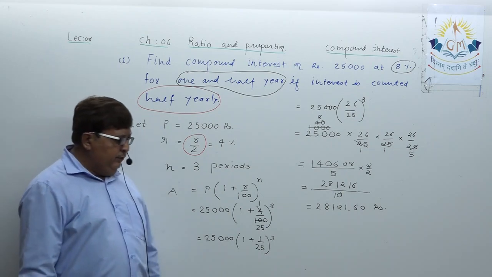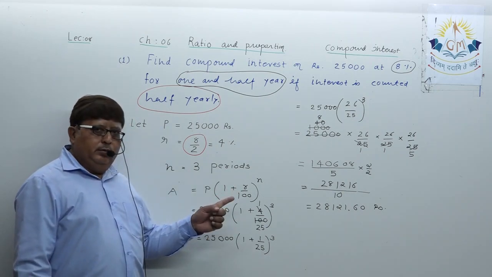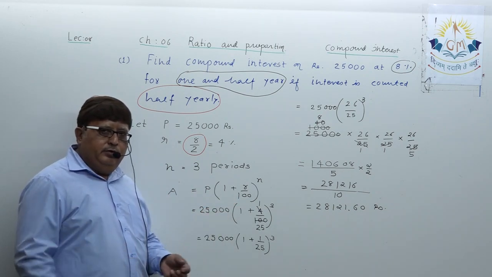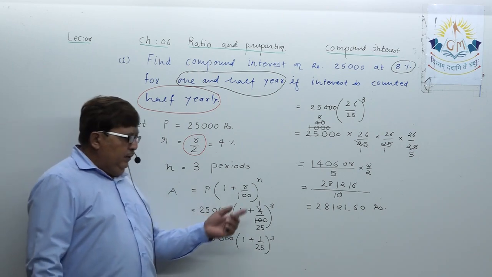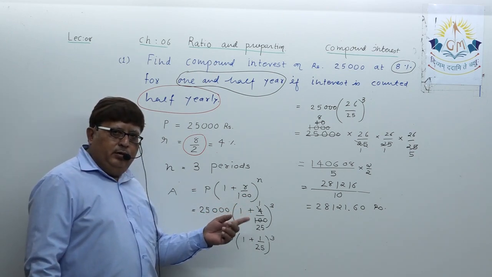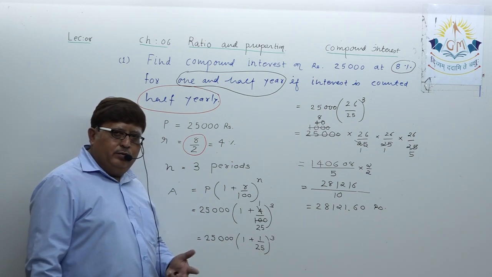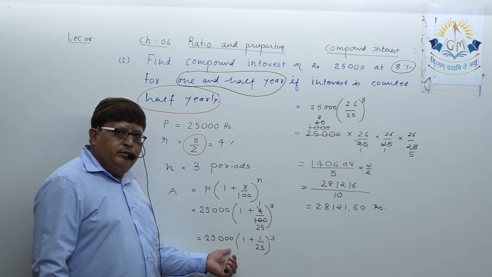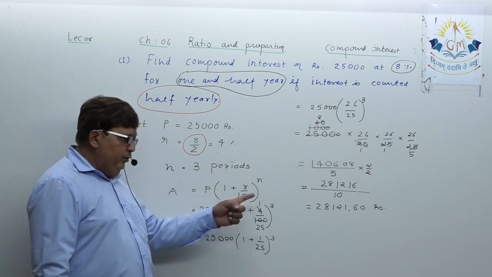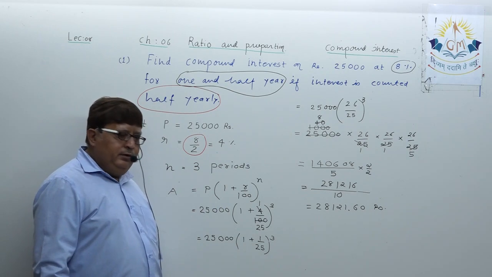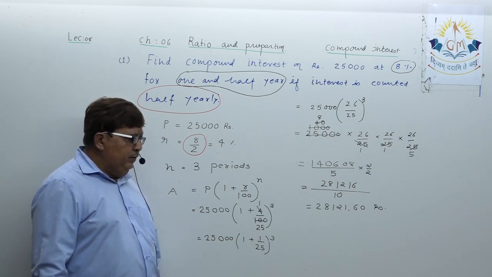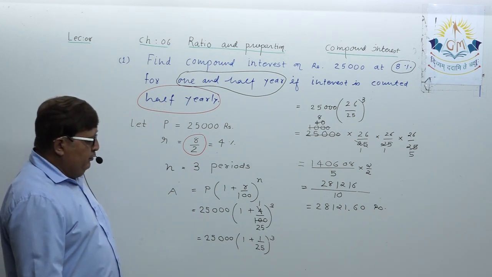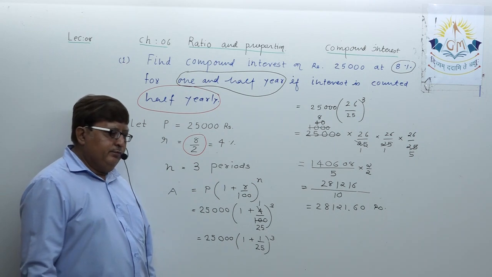So this is the compounded amount. Just to conclude whether you are correct or not, by a scratch of common sense, your compounded amount is always going to be more than the principal. You got it. Understand? 28,121.60 rupees.